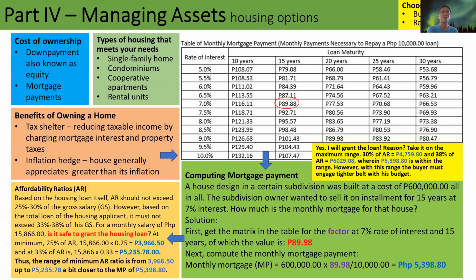Now, what's the benefits of owning a house or a home? Number one is tax shelter. Ano yung tax shelter? Kung magkano yung ibabayad mo sa mortgage interest, magkano yung mga property taxes, ipasok mo as an expenses, ma-reduce yung taxable income.